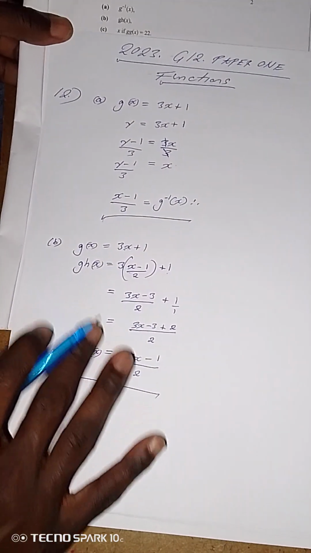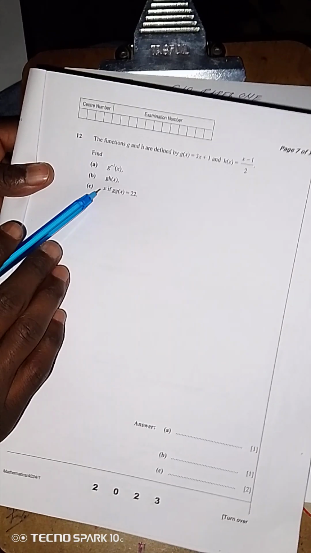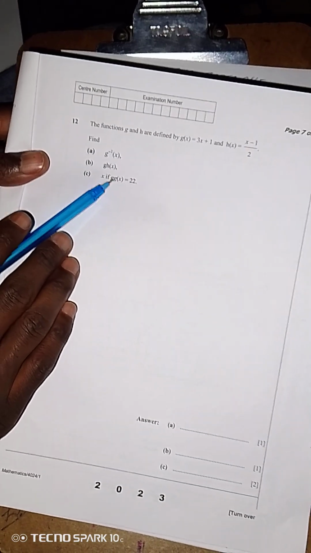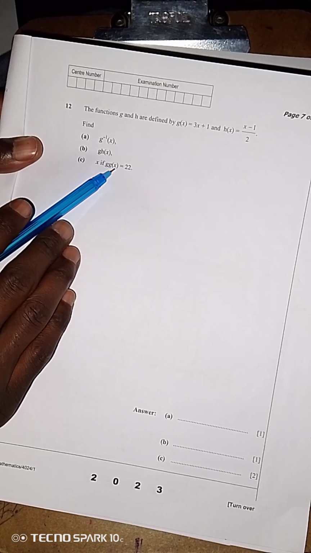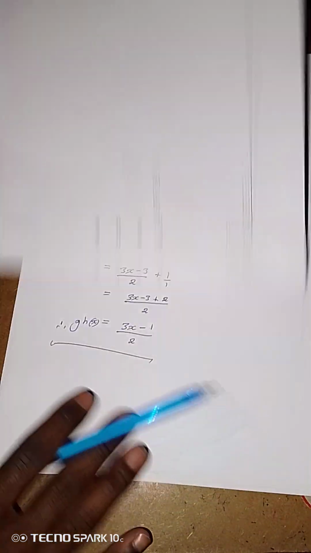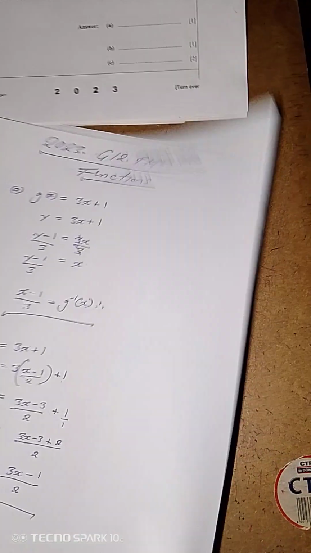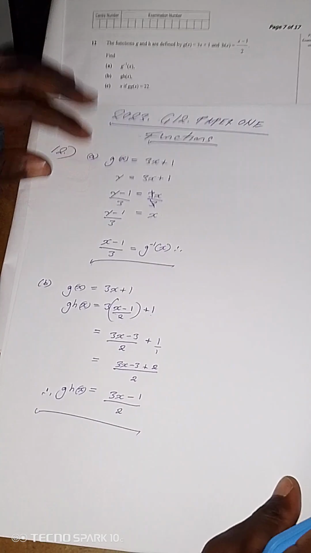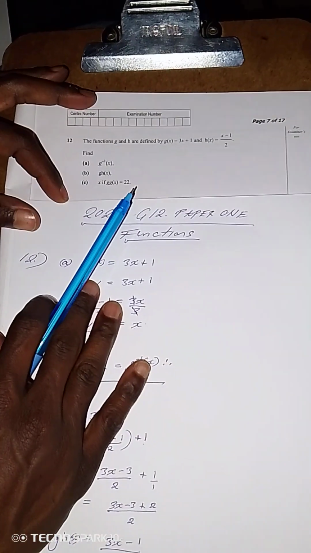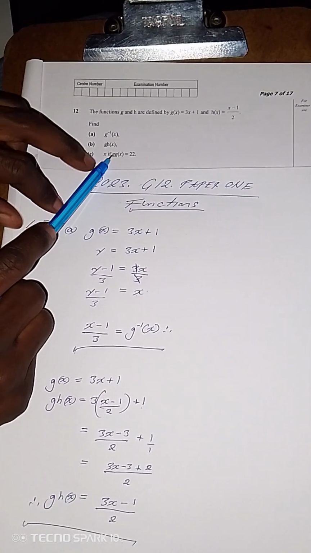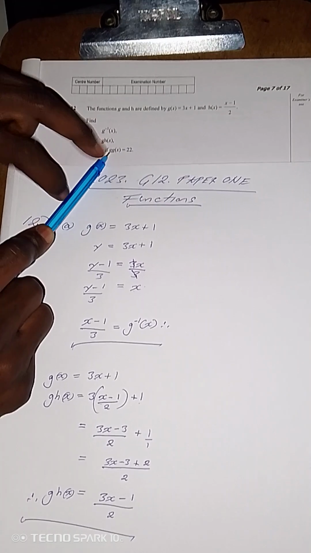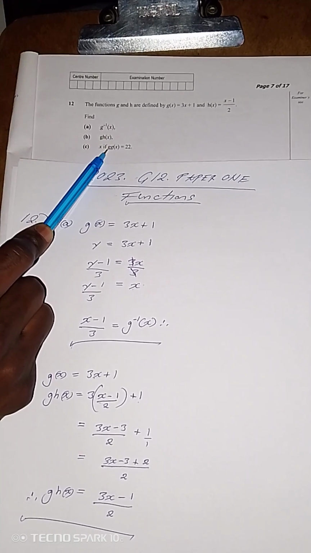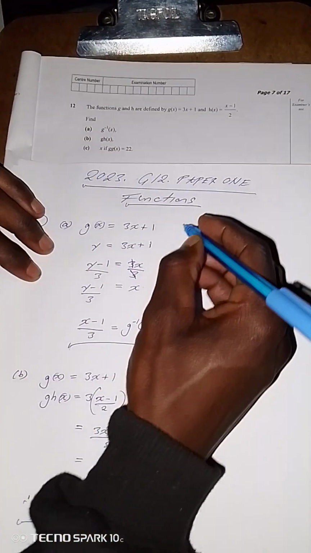The last one they are saying find x if gg of x equals 22. So what you're going to do with this one is that you write the function for g, and then you put in g where there is x after the equal sign. So I'll write it here.